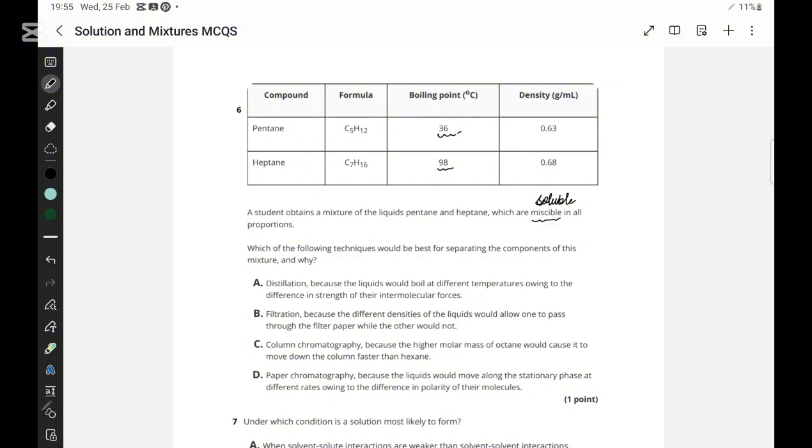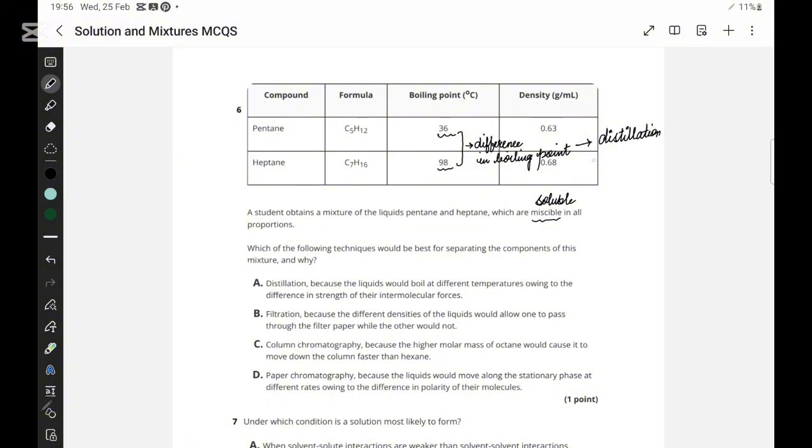First of all, you can see that there is a lot of difference in their boiling points. Because of the difference in boiling points and as the two liquids are miscible in each other, the best technique is distillation, in which the liquid components are separated on the basis of their difference in boiling point.